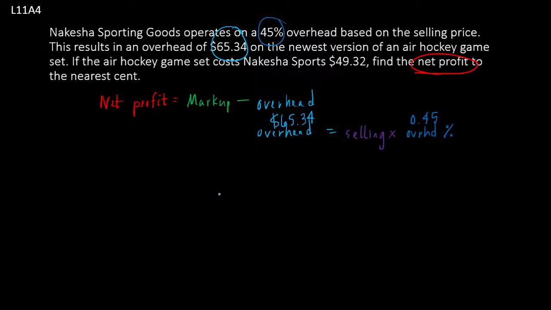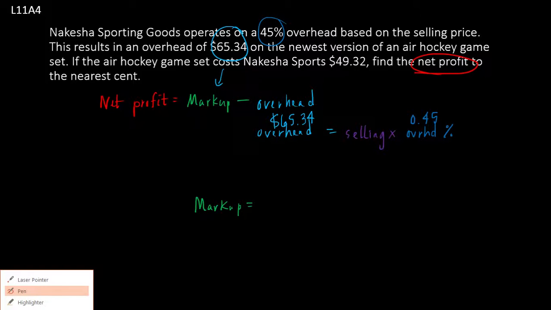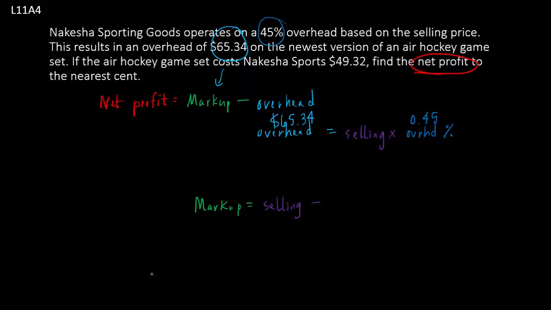My goal is I need to know markup before I can actually solve for net profit. So you might ask at this point, okay, what's the equation for markup? So markup is equal to selling price minus cost.